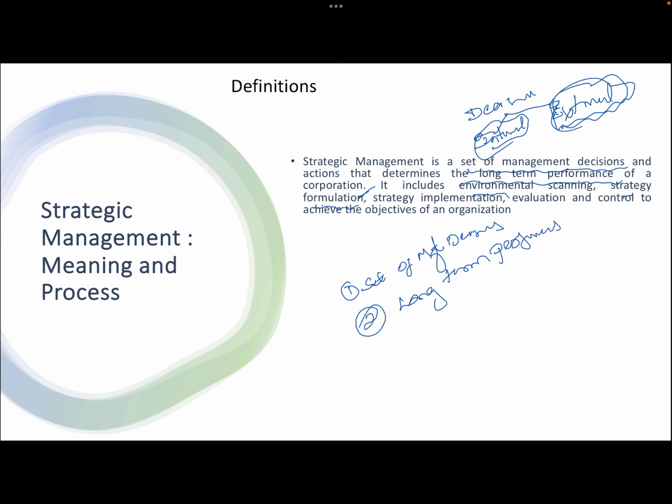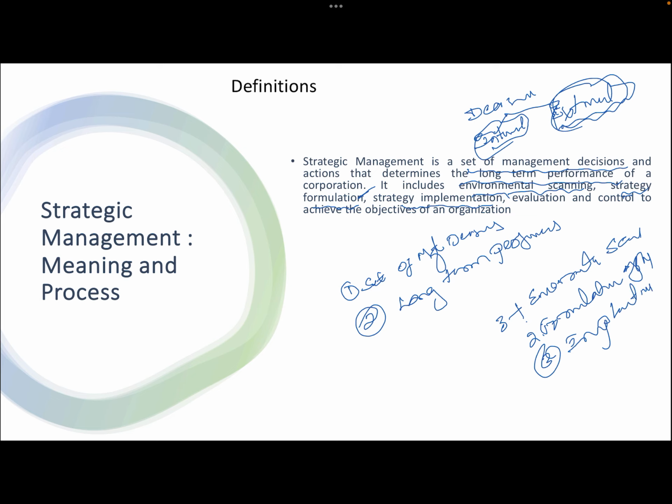The second step is strategy formulation. After the environmental scanning, the next step is strategy formulation. Once the strategy is made, the third step is strategy implementation. So these are the steps: first environmental scanning, then formulation of strategy, and once the strategy is prepared, the important step is to implement it.